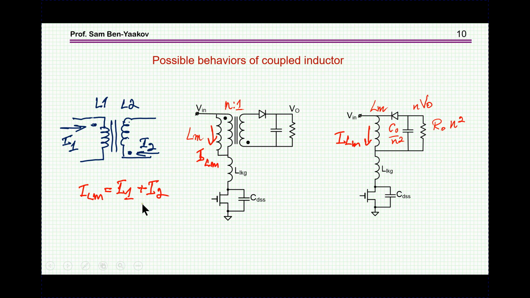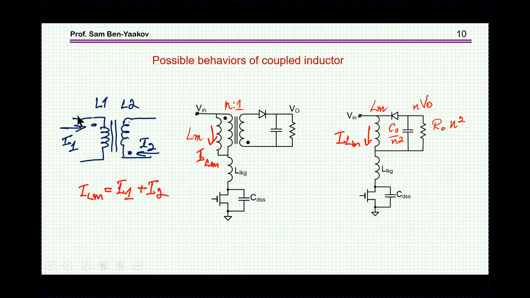Now, in a real case, like here, we are going to have this inductance. So this is the inductance which is magnetized. It could be two currents, or one current, either in the primary or in the secondary. It could be two currents at the same time, or only one current.